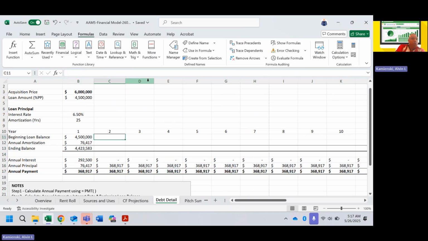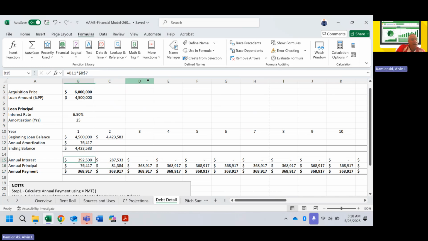So that in year two, my beginning loan balance is equal to last year's ending loan balance. In year two, then, I start off with 4.423 million. I make the same payment of 368,917.